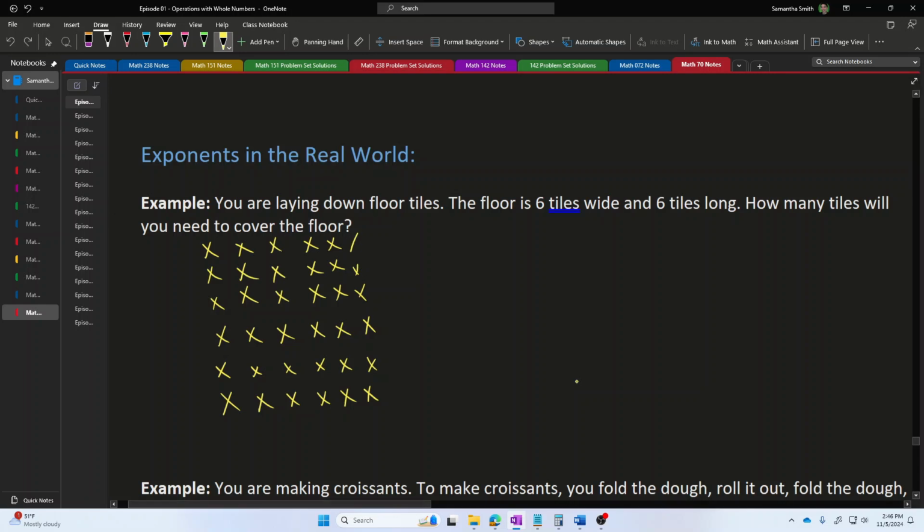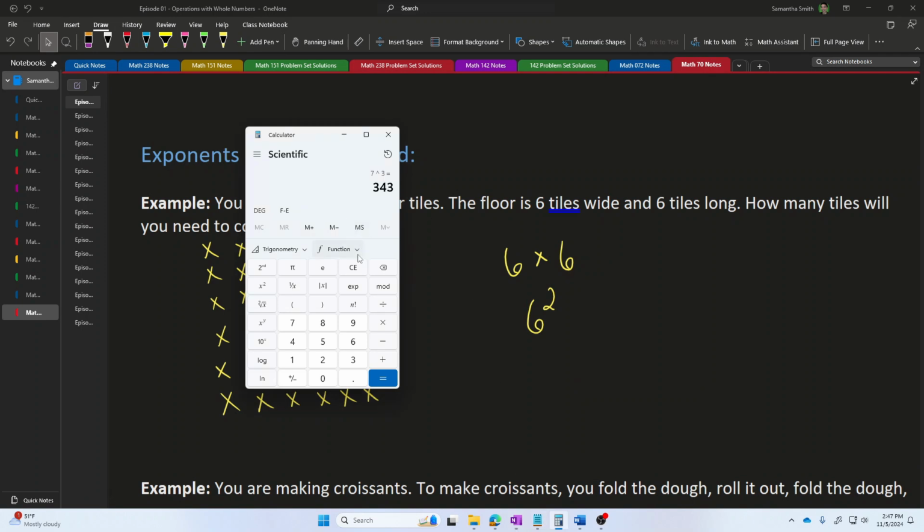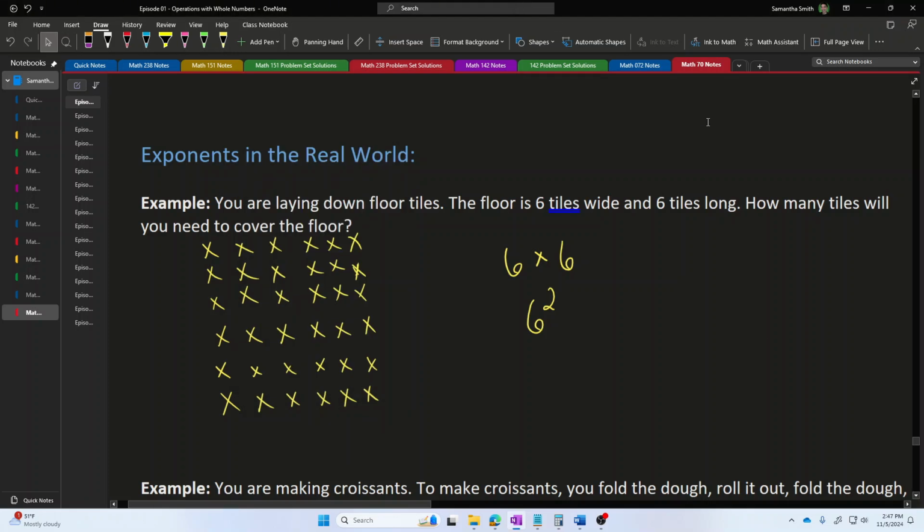In total, it would require 6 copies of 6 tiles, 6 groups of 6 tiles, 6 times 6 to get the total number of tiles needed for this floor. So in other words, 6 squared tiles. If I square 6, 6 to the power 2, the result of that is 36. And this would be the number of tiles needed to cover this floor. 6 tiles wide by 6 tiles long, 6 squared tiles.